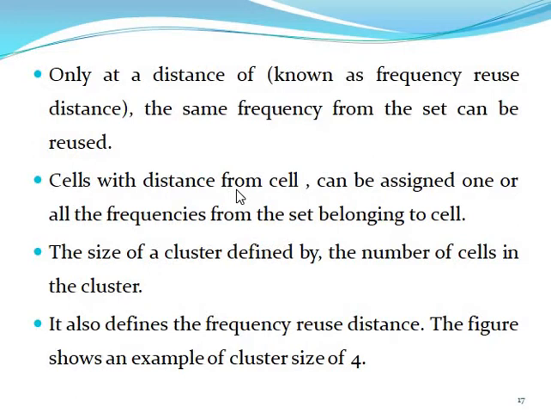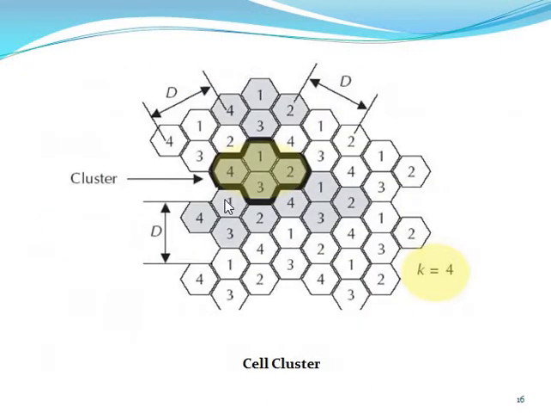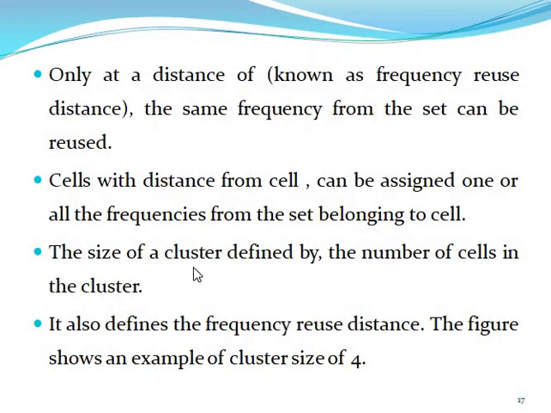Cells, depending on the distance from the cell, can be assigned one or all frequencies belonging to the cell. So this is the importance. So for the cell cluster you have assigned the frequency and reused it in a particular cell. The size of the cluster is defined by the number of cells in the cluster.